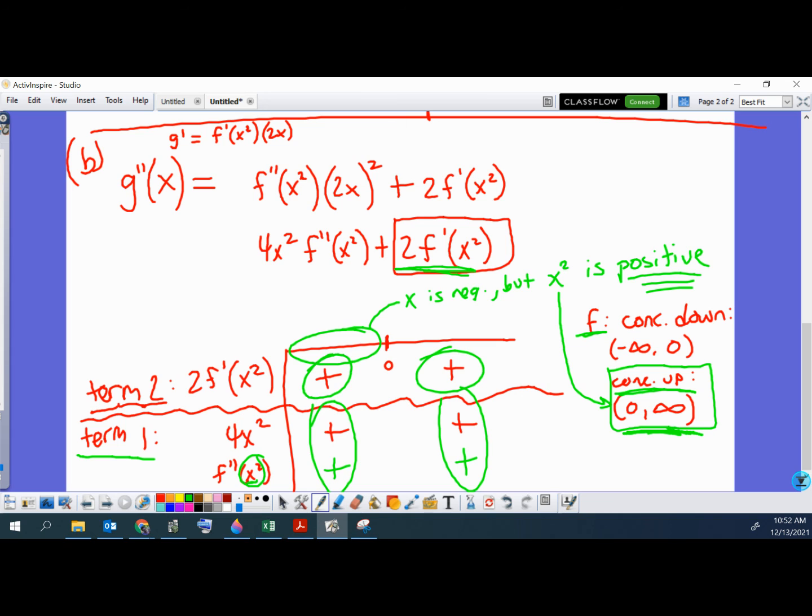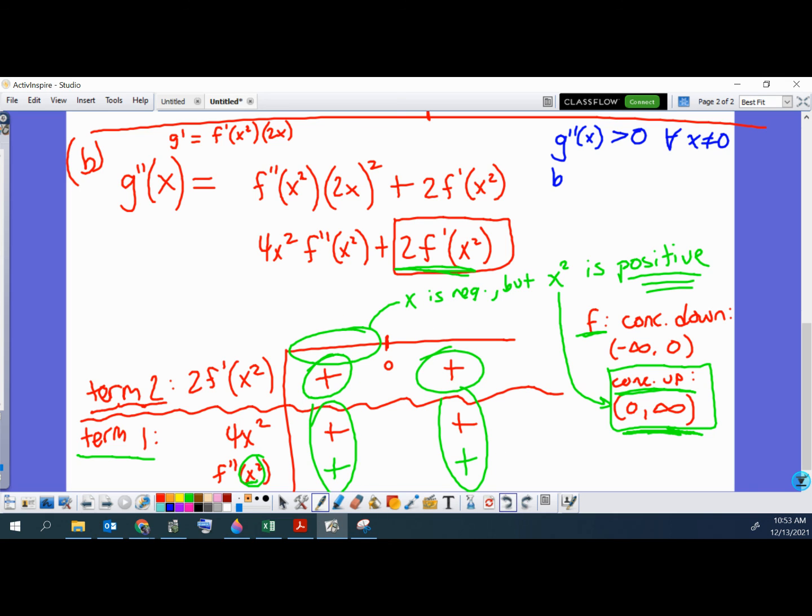And so certainly everywhere but at 0, g double prime is going to be greater than 0. That's our conclusion here. So g double prime of x is greater than 0 for all x not equal to 0. And we also know g double prime exists everywhere, from up above, because all these things are positive for all x values not equal to 0.